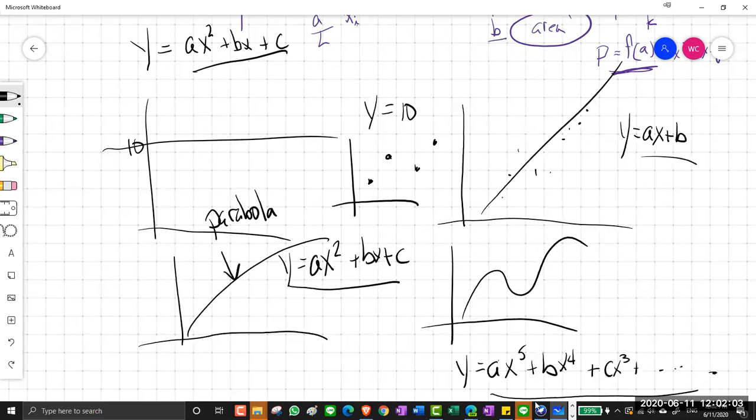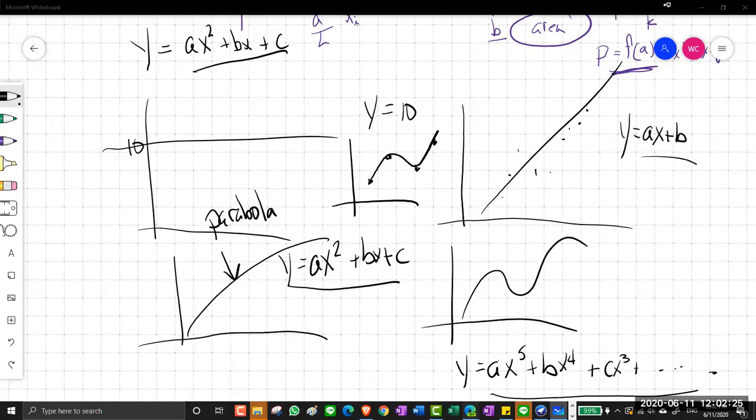And if I'm allowed to use a curve like this, I might be able to touch all of the points, right? So I could make it really complicated and get a perfect fit. But it's going to turn out that we're not going to do that. But anyway, that's what she said. Let's keep going.